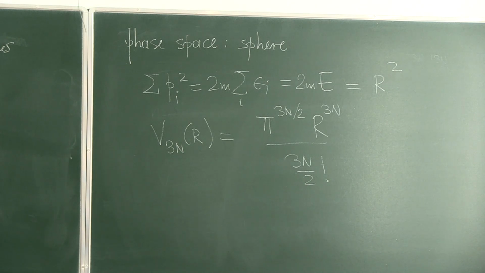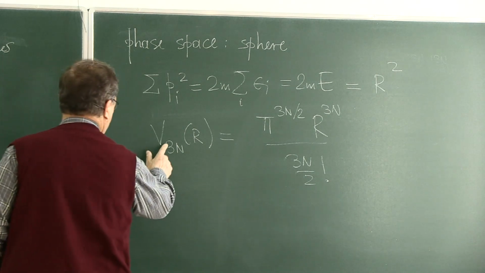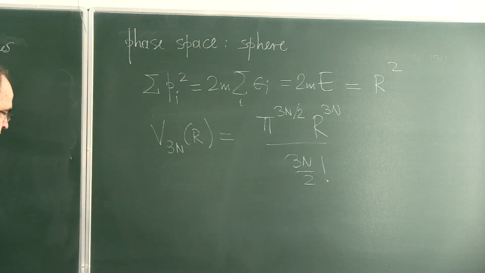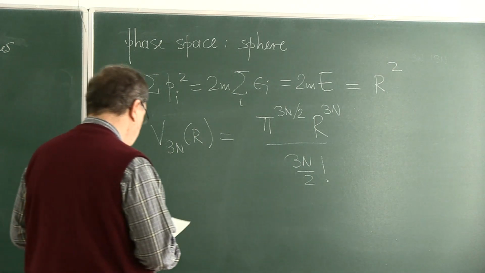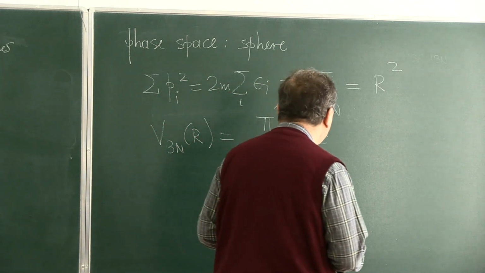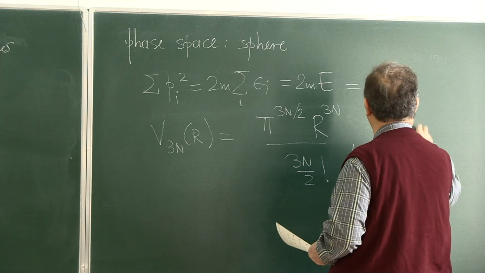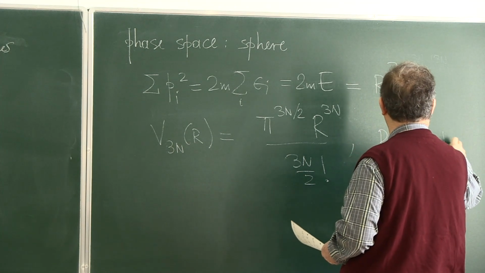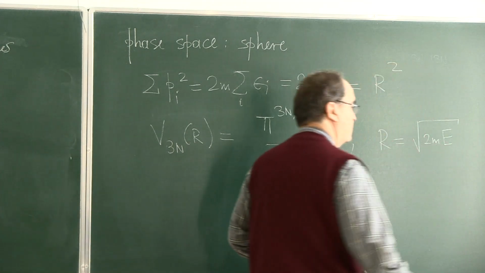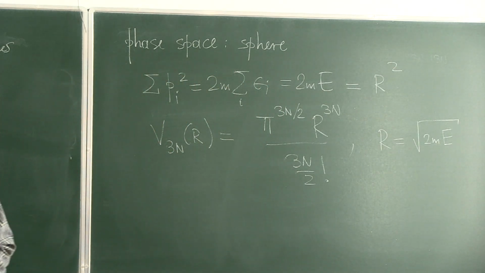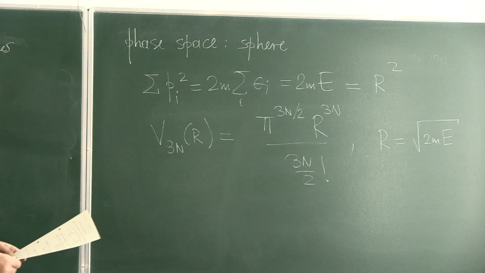That's the expression for the volume of a sphere of radius r in 3n dimensions, and r is the square root of 2mE, defined by the maximum energy of the system.